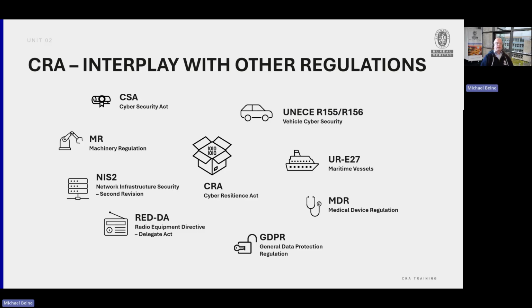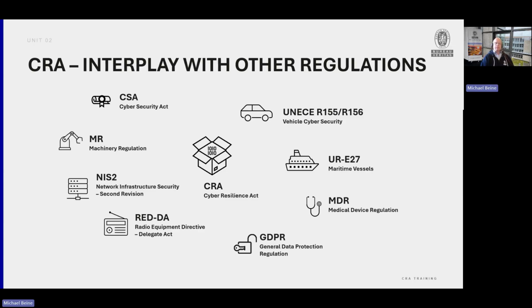If we look at the NIS2, NIS2 is about critical infrastructure and operators of critical infrastructure services, or important and critical services. So this is more from an operational point of view, and the regulation applies to them as operators. But operators of critical infrastructure typically use products with digital elements to provide their services.